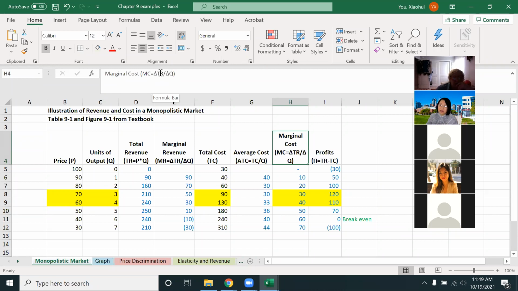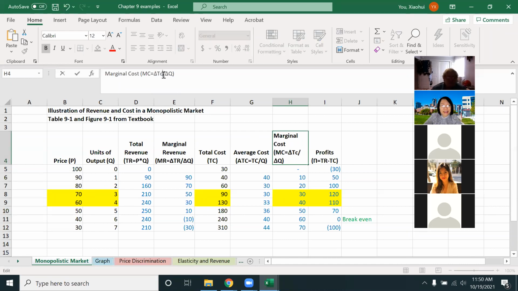So that's just revenue versus cost, right? For revenue, you have total revenue and marginal revenue. To calculate the marginal revenue, use the delta total revenue divided by delta Q. And then for cost, how to calculate the marginal cost? I guess you guys completely forgot the formula.